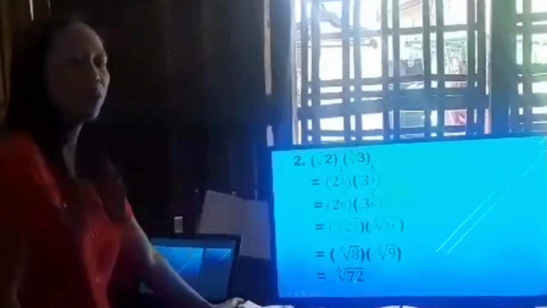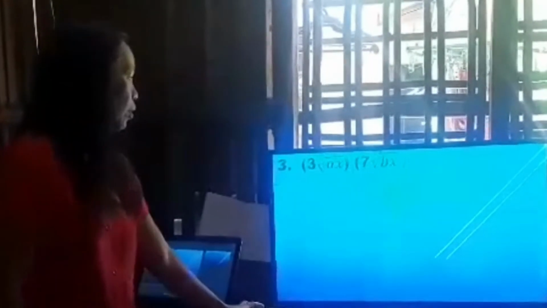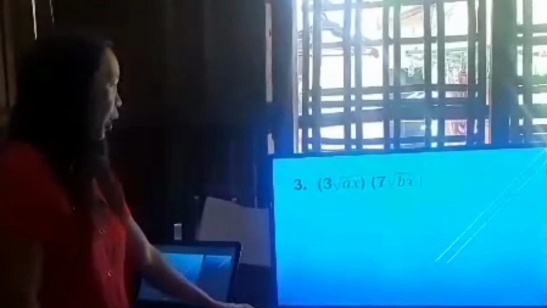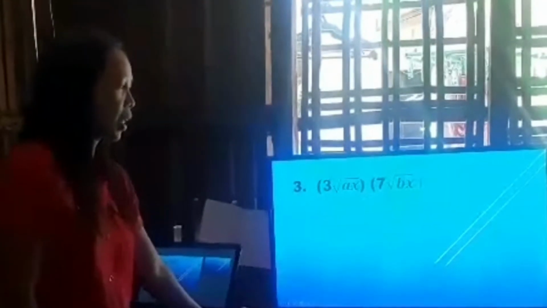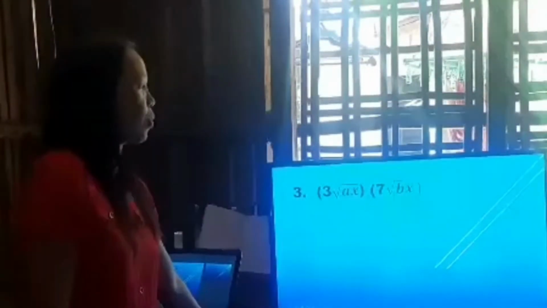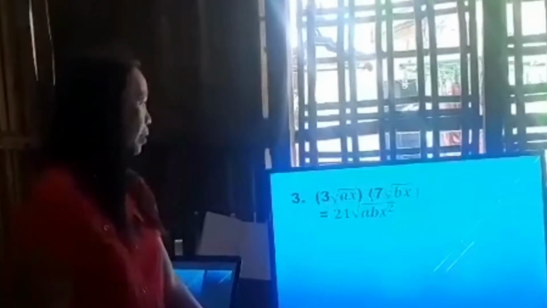Okay? Any questions, class? Okay, let's have another example. 3 square root of x times 7 square root of xb. We multiply the radicals, and also multiply the coefficients. So 3 times 7 is equal to 21.